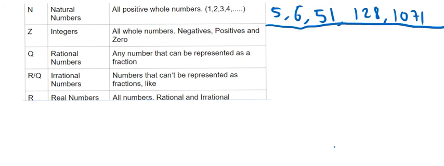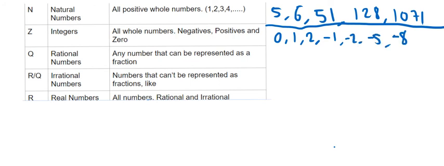The next one then is Z. So Z is all whole numbers, so negatives, positives and zero. If I was to list out some of those, 0, again 1, 2, and then all of the minus numbers, so -1, -2, -5, -8.